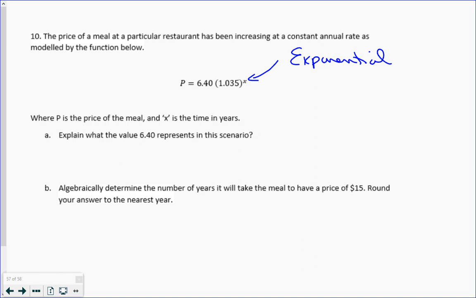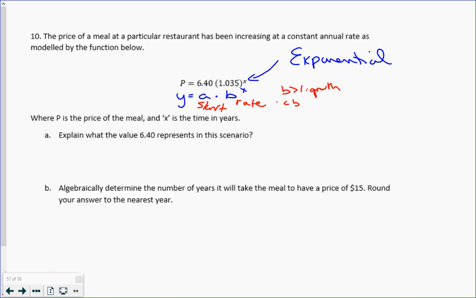Explain what the value 6.40 represents in this scenario. So if you go back to think about exponential, the formula is y equals a times b to the x. A was our start, b was the rate. If it was bigger than 1, we called it growth.